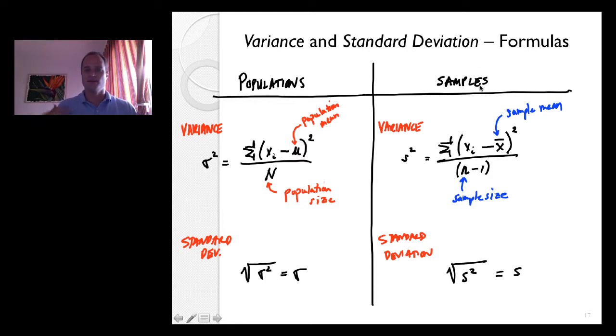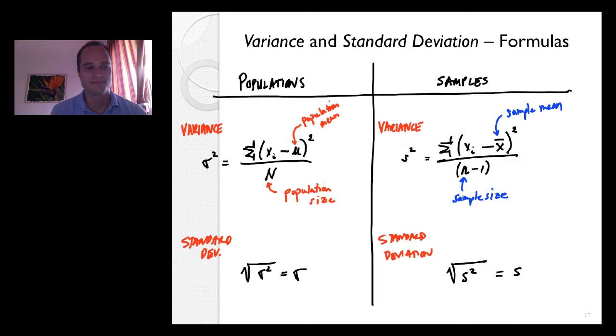You have to learn these, not only how they're used, but what they mean, and notice the difference between the notation. Sometimes I'll say the standard deviation of the sample is S, and sometimes I'll say S squared, which would be the variance in that case. So you've got to be pretty sharp with these things.